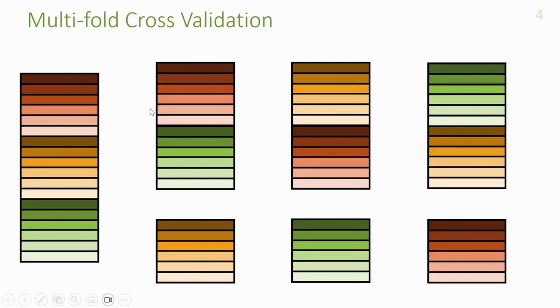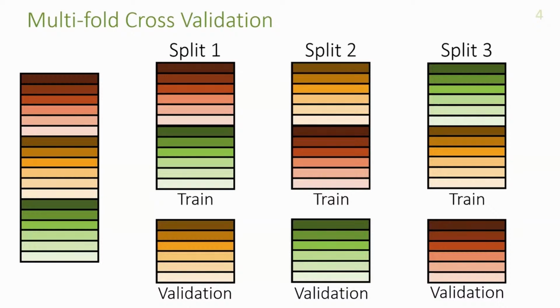We will use this data as training data and this data as validation data to test our model. Then we train the same model again from scratch using this training data, and we check its performance using this validation data, which is different from the validation data of the previous split. Okay, got it. Yes. So here we are splitting the data set 3 times. Therefore, this scheme is called 3-fold cross validation, right?